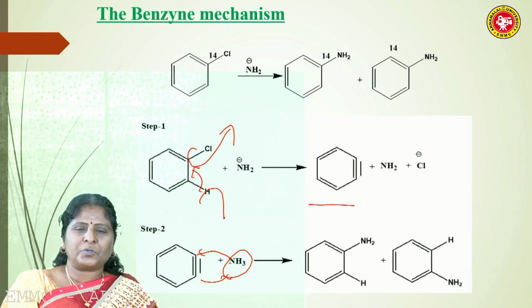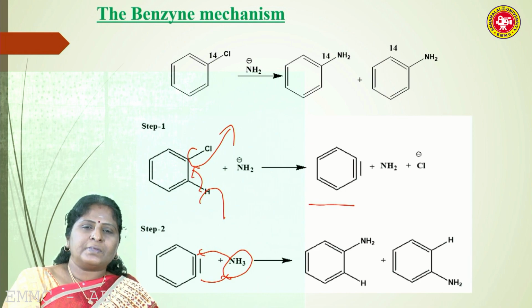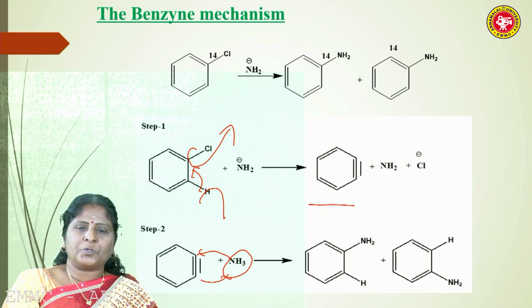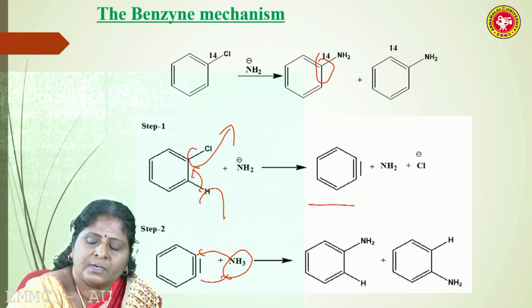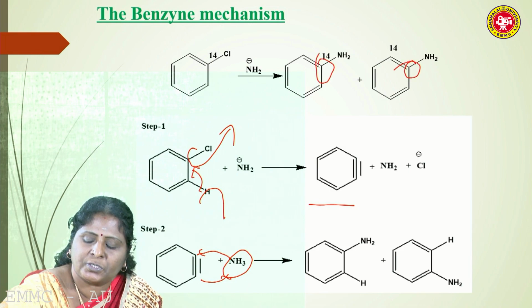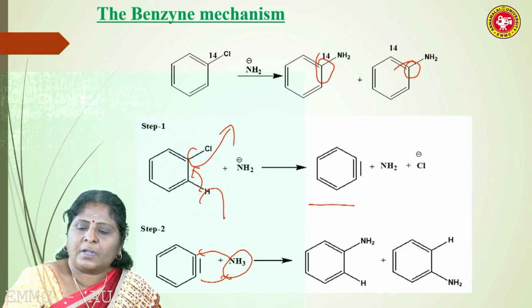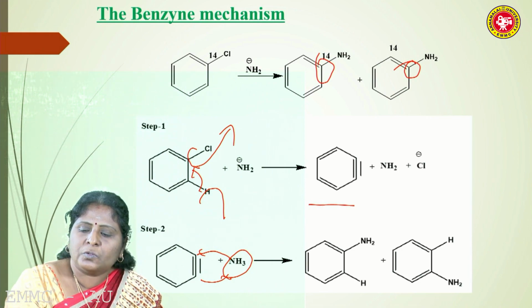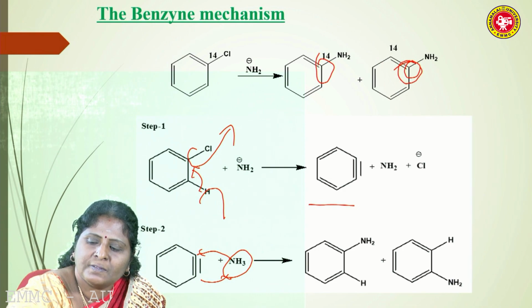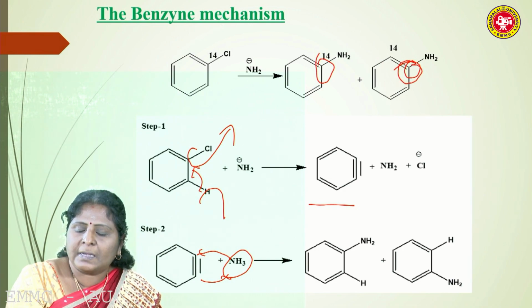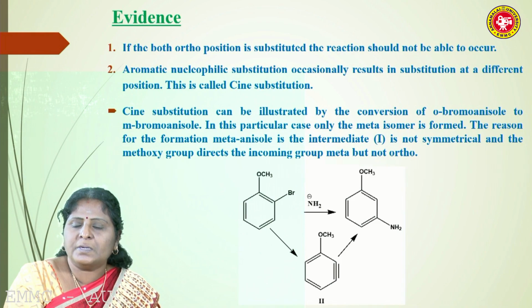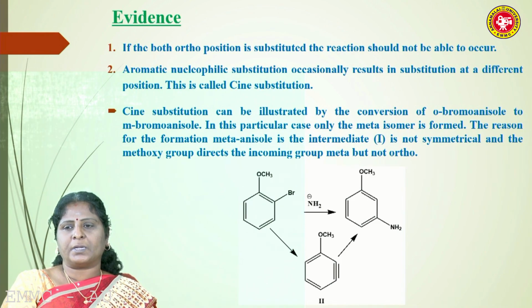Since that is mono-substituted, we can't differentiate. If it is labeled, the two substituted products can easily be discriminated: substitution on this position and substitution at this carbon atom. If the group is substituted at this carbon atom, that is called cine substitution. That means substitution at a different position.